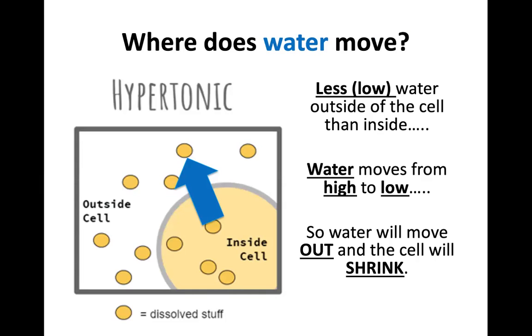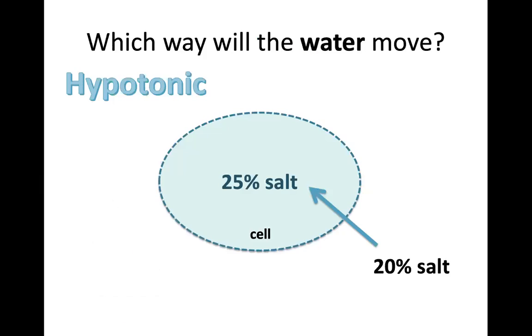So if there's more water, the water wants to go out, because remember, we're talking about osmosis. So the molecules are not moving. The water is what is moving. Okay? Are y'all following me? So if the water moves out, the cell is going to do what? It's going to shrink. If the water moves in, it's going to expand, swell. Okay? Y'all following me? All right.